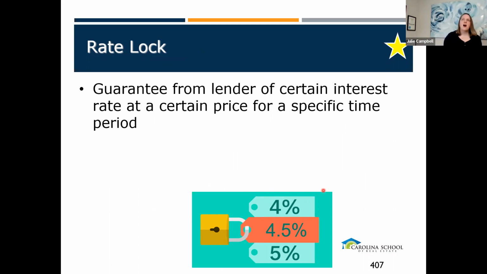Interest rates fluctuate daily. If you want to, tomorrow morning or tonight when we get off the call, just Google mortgage interest rate. You can say today's interest rate. Tomorrow it'll look a little different. Interest rates fluctuate daily. So at some point we've got to lock in your interest rate so you know what that rate will be for the next however long you're going to have that loan.